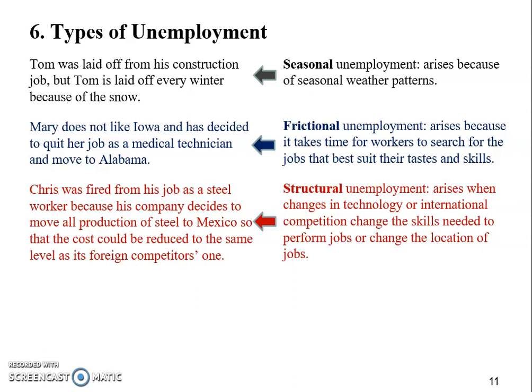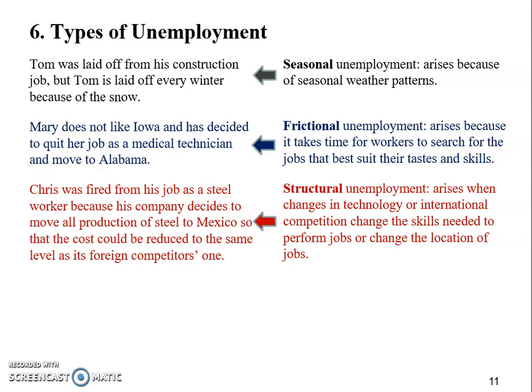Or as we already find in this example, Chris was unemployed because of the international competition. Oftentimes we see outsourcing, so many American manufacturing workers lost their jobs. So there are two possible causes for structural unemployment: changing technology or changing international competition.